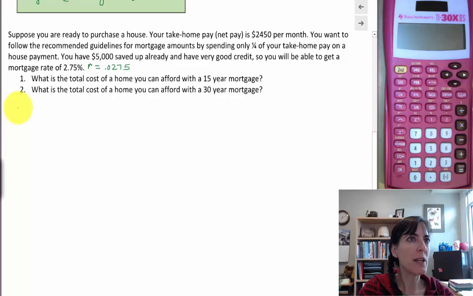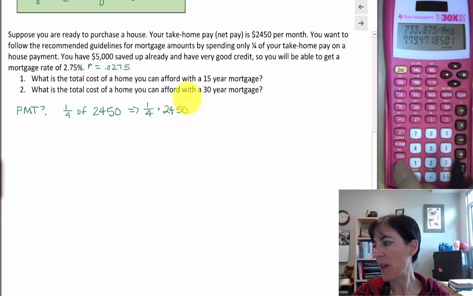So we have to figure out a couple of things first before we can use our formula. And the first thing is, how much will you be able to make as your payment? So what payment can you make? And we want to do 1/4 of your take-home pay, which is $2,450. And 1/4 of $2,450 means 1/4 times $2,450.